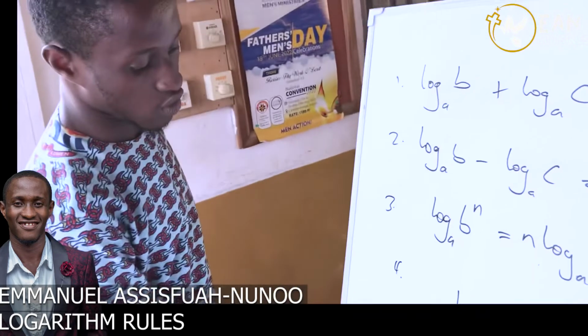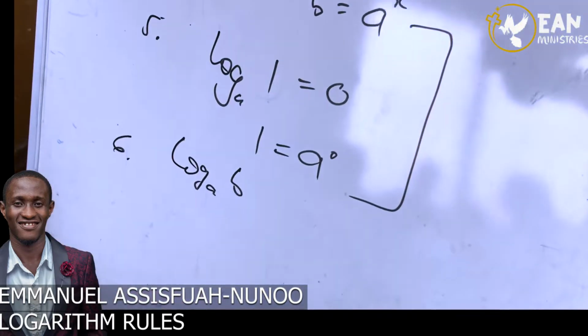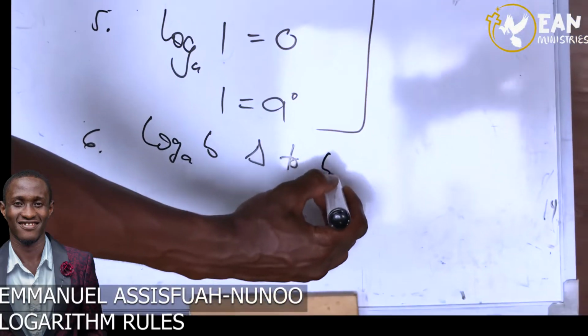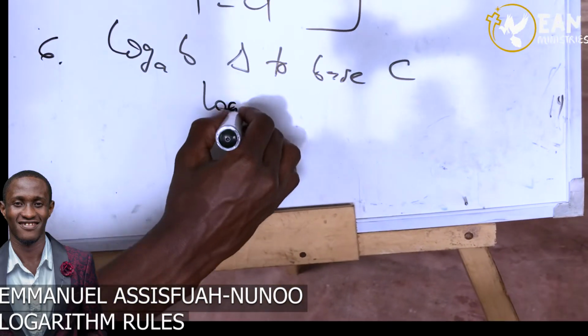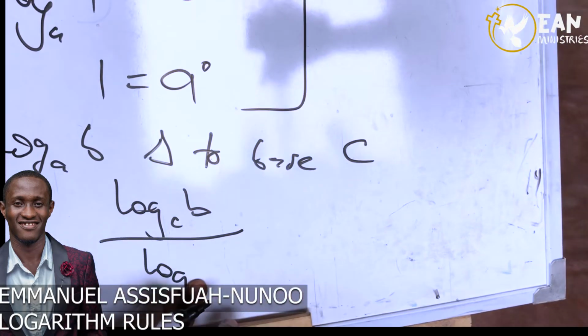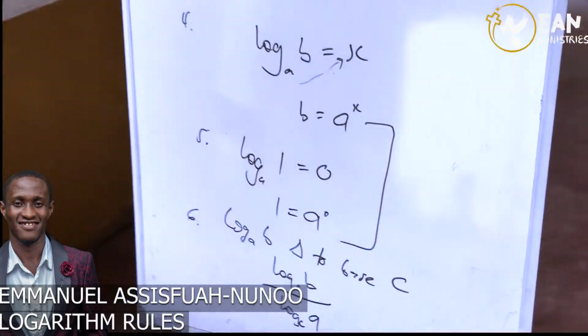Assume I have log a b, and they ask me to change it to base c. I will just have it be log c b over log c a. So that's how I change base in logarithm.